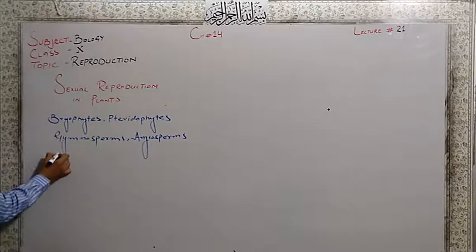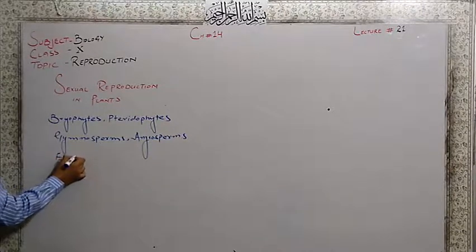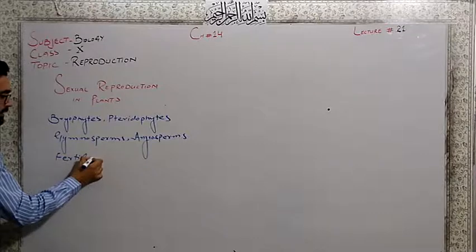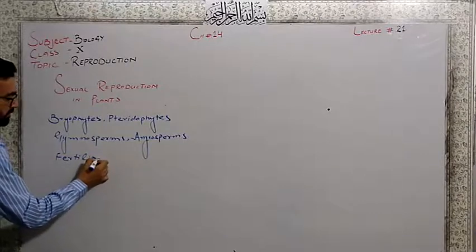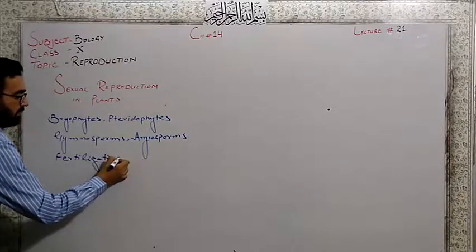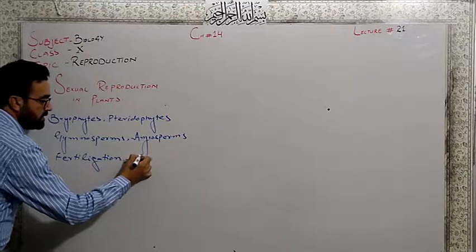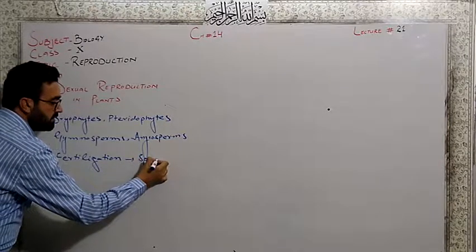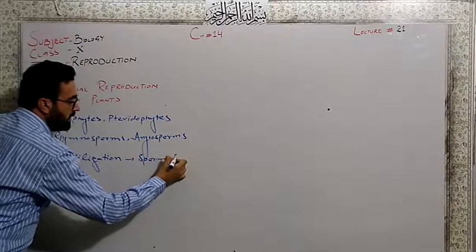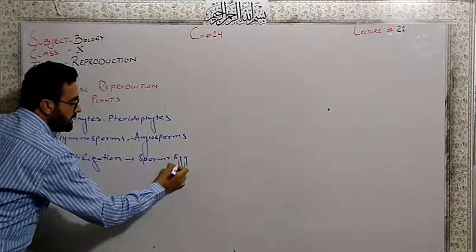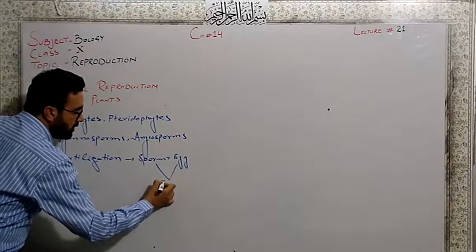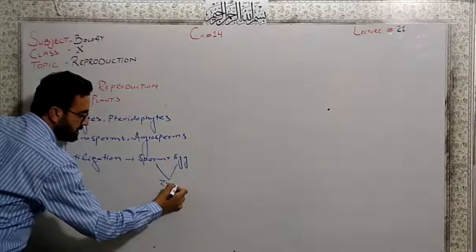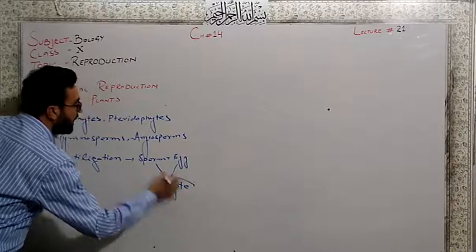The fertilization process means the fusion of male and female gametes. The sperm, which is a male gamete, plus the egg, which is a female gamete, its fusion is usually called fertilization, and the result is that a zygote is formed.